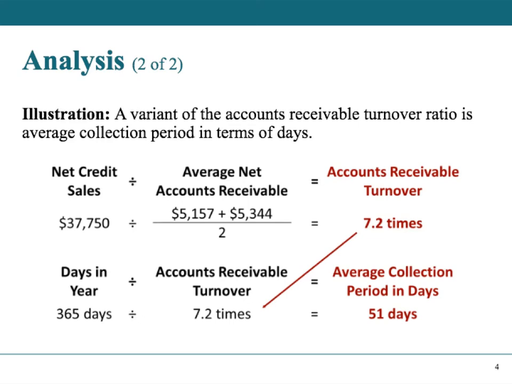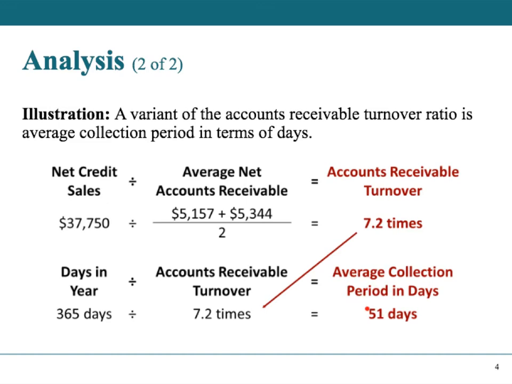Okay. So if you take a look at both ratios, always ask yourself, do I want the higher the better or the lower the better? As far as accounts receivable turnover, the higher your turnover, the better off you are. Why? If you think about it, if this number is higher, let's say it's 10, you're going to end up with only 36 days to collect.